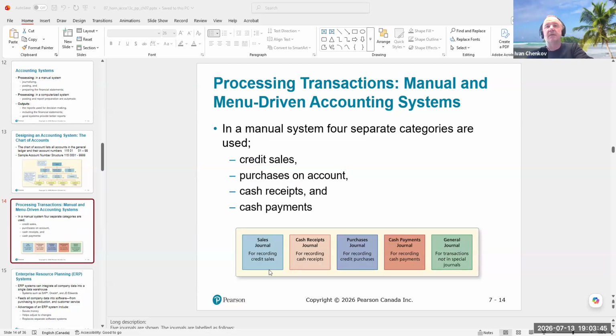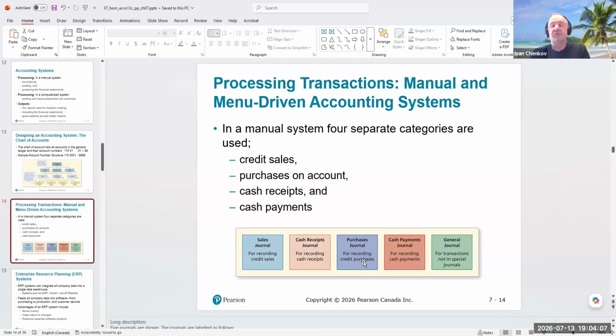So again, we're chasing that the sales journal is going to deal only with the sales on credit. Purchase journal only is going to deal with the purchase and credit. Now, it says credit, but in reality, all the sales are going through the sales journal and all the purchases going through the purchase journal.